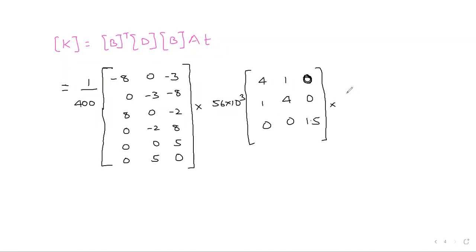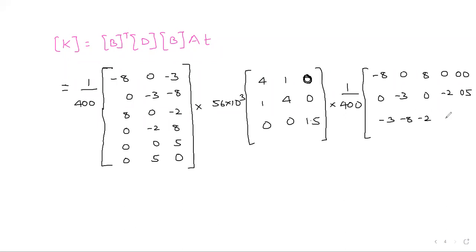The B matrix is again 1 by 400, times minus 8 0 8 0 0 0, then 0 minus 3 0 minus 2 0 5, next minus 3 minus 8 minus 2 8 5 0.